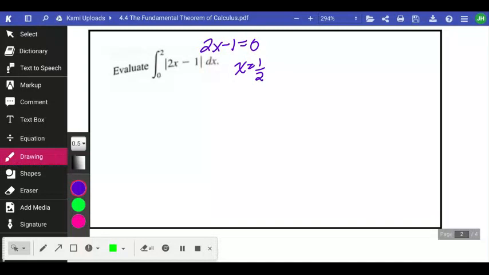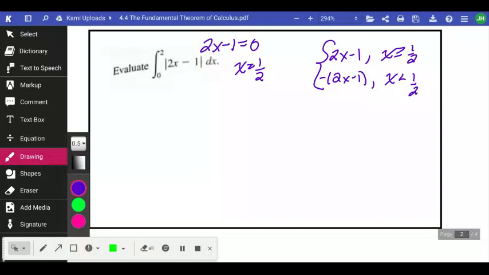Essentially that makes it into a piecewise function: I will use positive 2x minus 1 whenever x is greater than or equal to 1/2, and then I will use negative 2x minus 1 whenever x is less than 1/2. Or the equal to part can switch. It just can't be on both. It has to be on one though. So that's what the absolute value does, it fills that in for us.